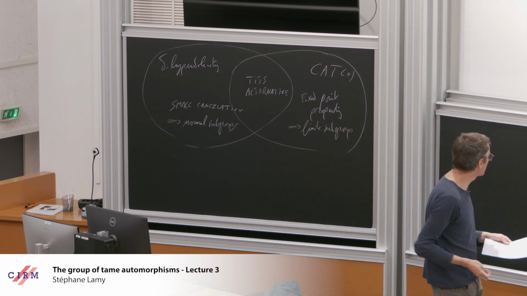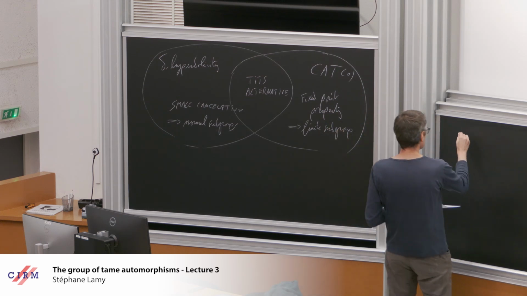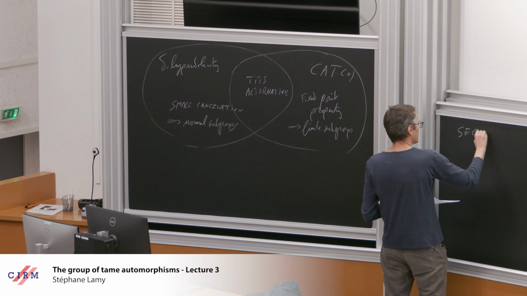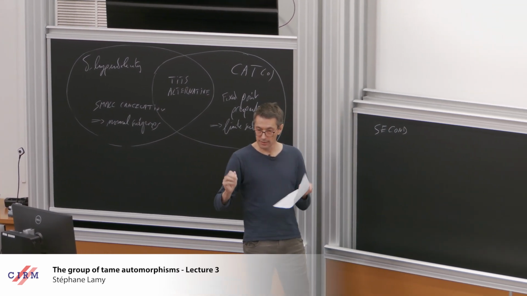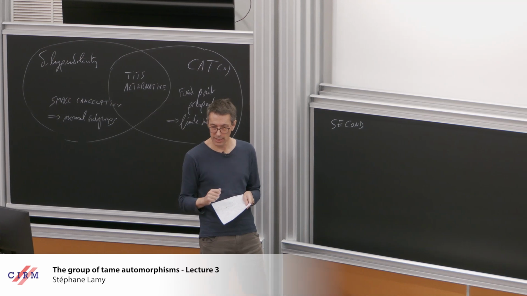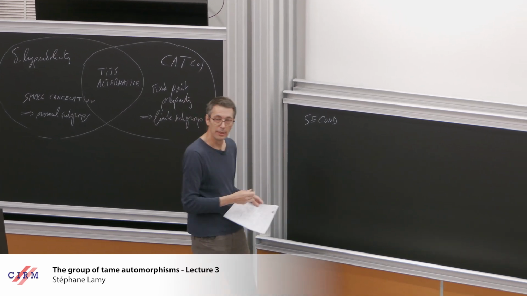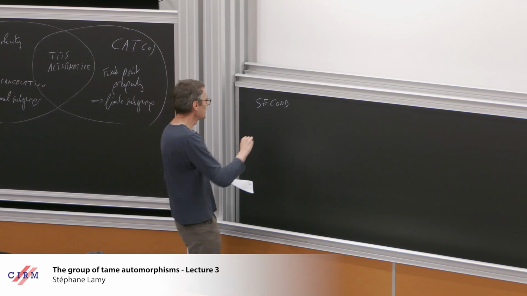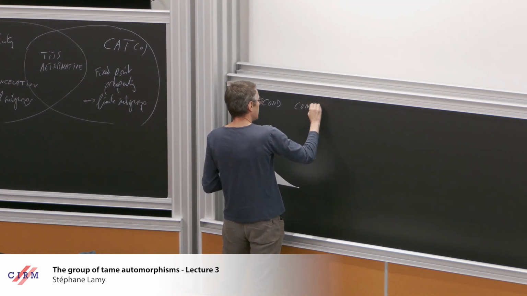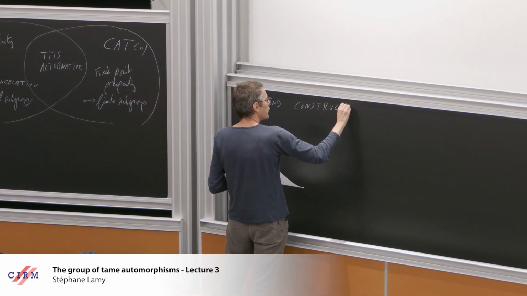Okay, so let's start with my second construction. The first one was a triangle complex, or even the simplicial complex for Tame Kn for any n, any k. So here it's going to be similar. I start with the construction for any k, any n, and I will specialize after that to dimension 2 or 3.